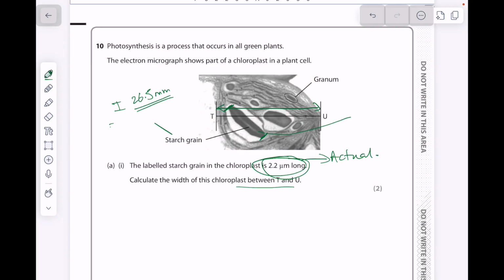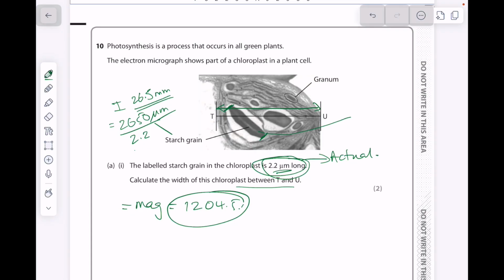So 26.5 millimeters is, just checking, 26.5 times 1000 is 2650 micrometers. So I get the units in the same place first, and then I divide 2650 by 2.2 to give me the magnification. The magnification equals 1204.5.